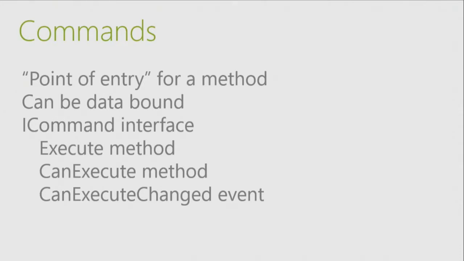For supporting controls like every ButtonBase, RadioButton, CheckBox, etc., the control is going to be disabled based on the value of CanExecute. And then you have CanExecuteChanged, which is an event. This one needs to be raised if the value of CanExecute changes at some point. So if the command says the context has changed, I should probably notify the UI because the control will be disabled, then you can raise the CanExecuteChanged event.